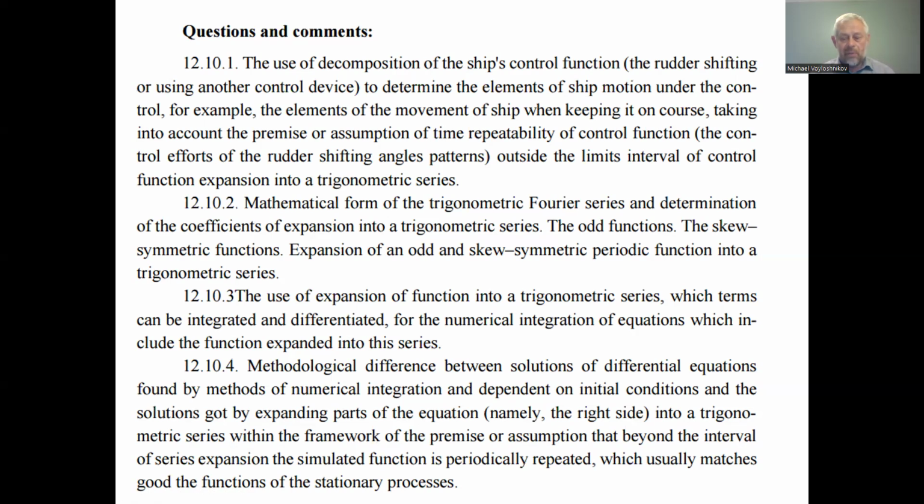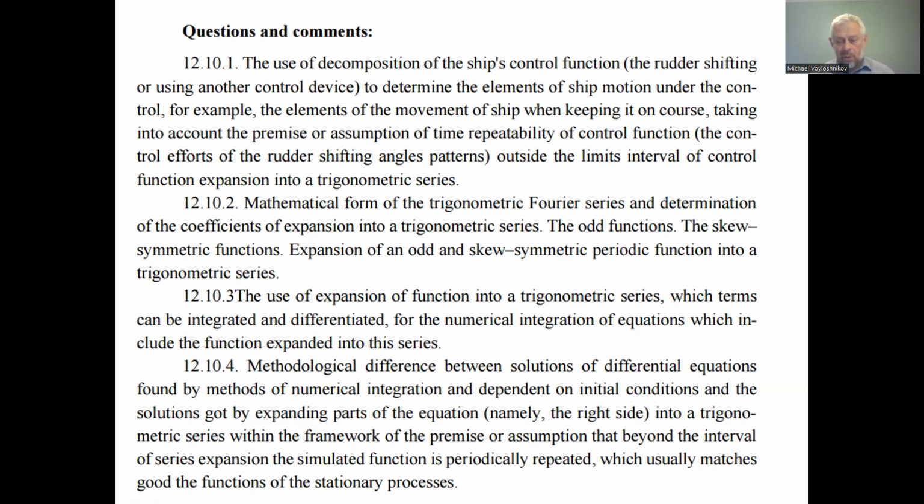The first is the sum of sine and cosine functions, with definite factors for the sine and cosine functions. These factors within the brackets for each term of the expansion of the function into the Fourier series we can find by the integration of this function multiplied by sine or cosine within the interval of integration from minus pi to pi.